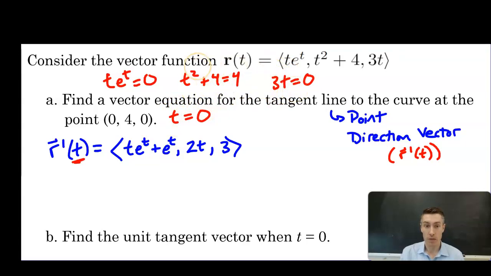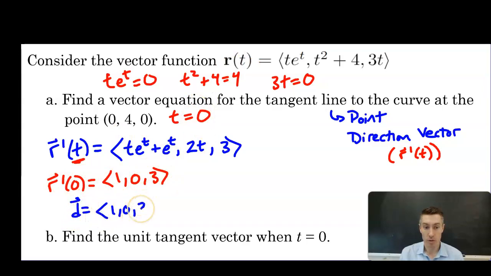That would be 0, this would be 4, this would be 0. So we're now going to evaluate r prime at 0. That's going to be 0 plus 1, so 1, 0, 3. So this is going to be our direction vector. Our direction vector is 1, 0, 3.